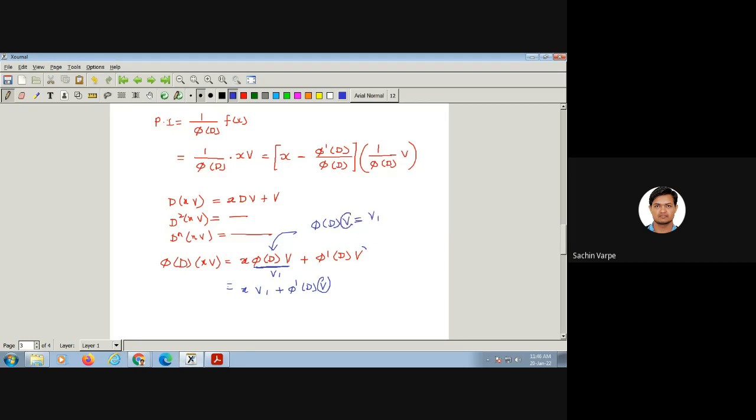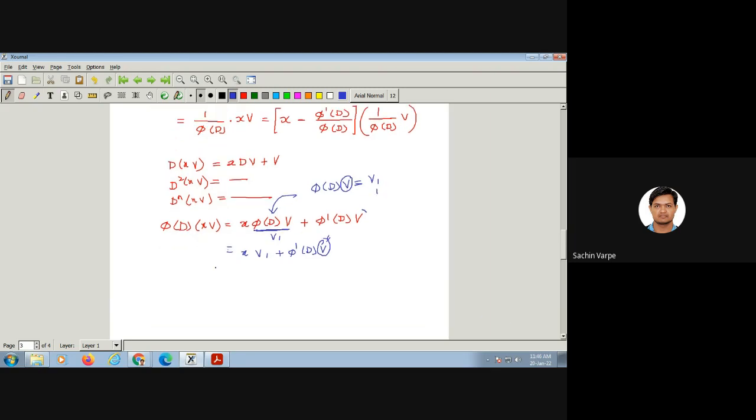So what is the value of v? It is 1 upon phi of d v1, right? So I can substitute here x v1 plus phi dash of d, and here it will be 1 upon phi of d v1, isn't it? Is it clear? Here I have substituted the value of v from here.